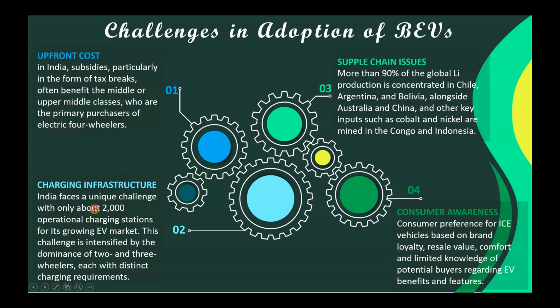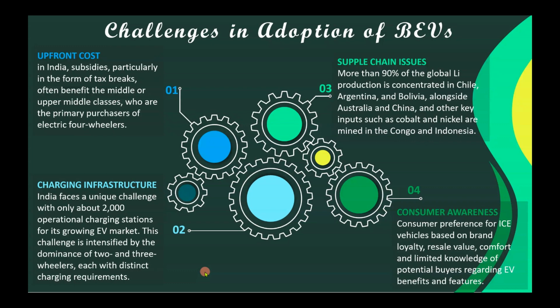Then we have charging infrastructure. Obviously, some people are very concerned about charging stations. For example, in a city like Delhi, there are some standalone stations which have been developed, and people have built personal stations, with outlets connected to the house power transmission structure or grid, and they can easily charge their electric vehicle.